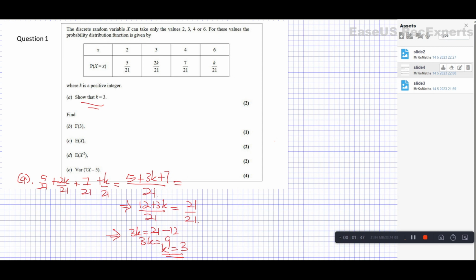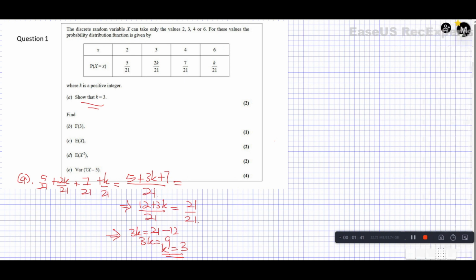Next for part 2, find F(3). This is a cumulative distribution, where F(x) means all the probability of X which is less than or equal to x.